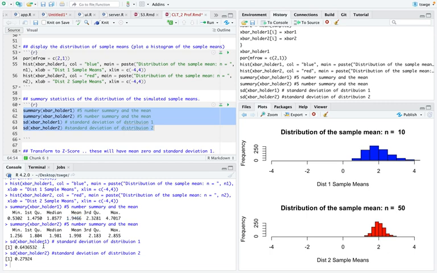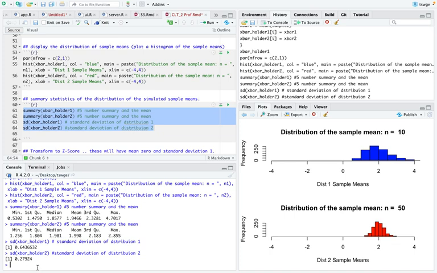So let's talk about that. This first one is x bar holder 1, and this one here is x bar holder 1. So the mean is right about at 2, maybe a little bit less than 2, again because it wasn't quite enough for the central limit theorem to fully kick in. But still, that's pretty close to 2, the average of the sample means.